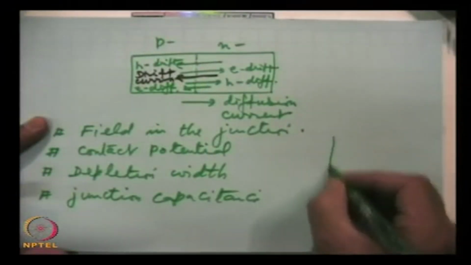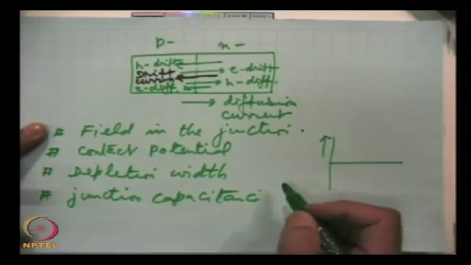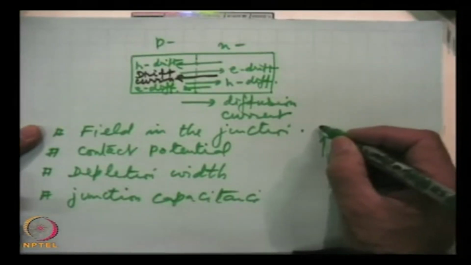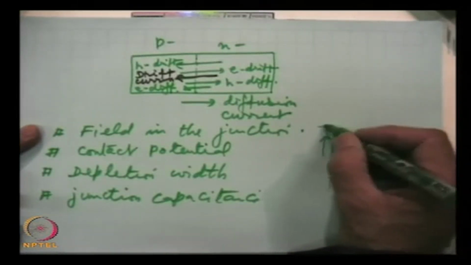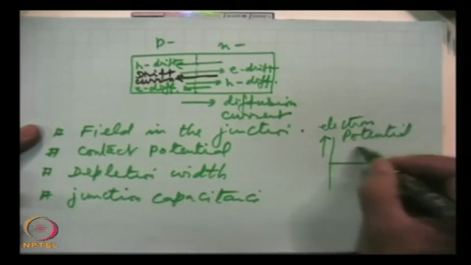Now, one more fundamental thing I tell you, which will be required in further explanation. When we talk of electron energy and hole energy, we demonstrate that the electron energy increases in this direction. This is electron potential energy.